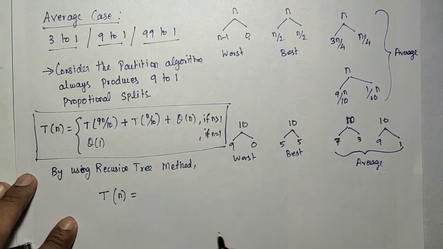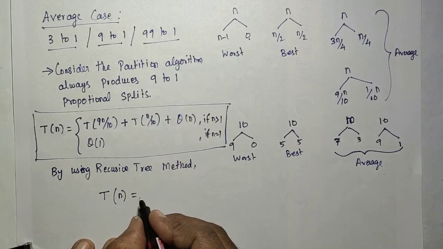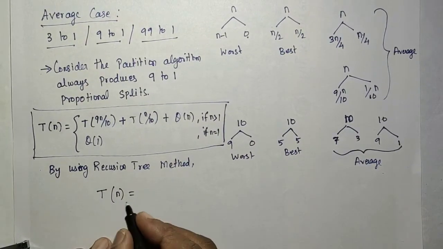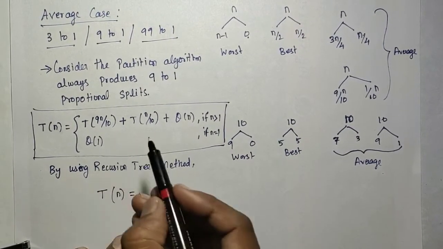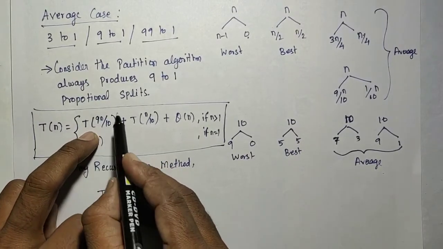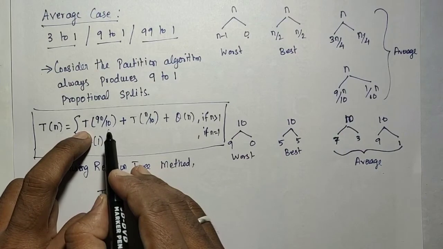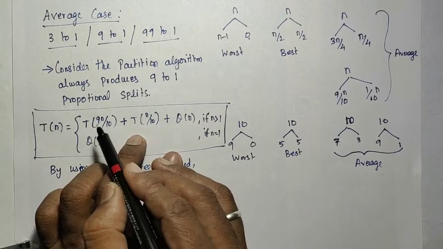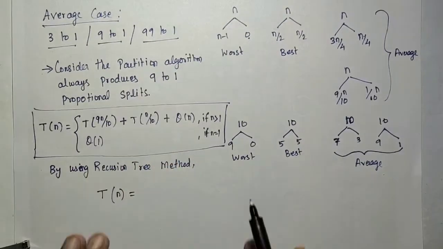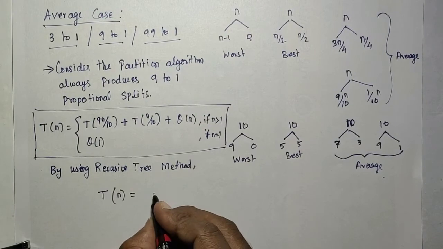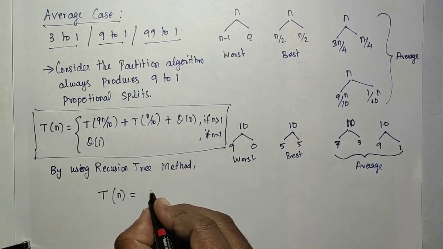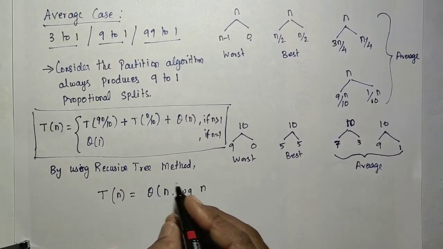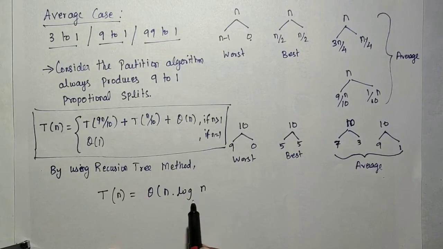T of n is equal to... we will obtain that the maximum size subproblem is 9n by 10, so depending on 9n by 10 only we will get it. The maximum size subproblem is 9n by 10, so we are ignoring the other and considering this plus theta of n. By solving the recursion tree method, we will get T of n equals theta of n log n. Actually, if it is n by 2 it means log n base 2.